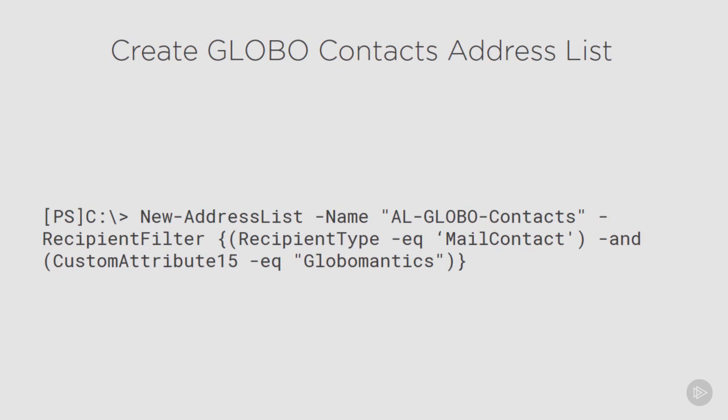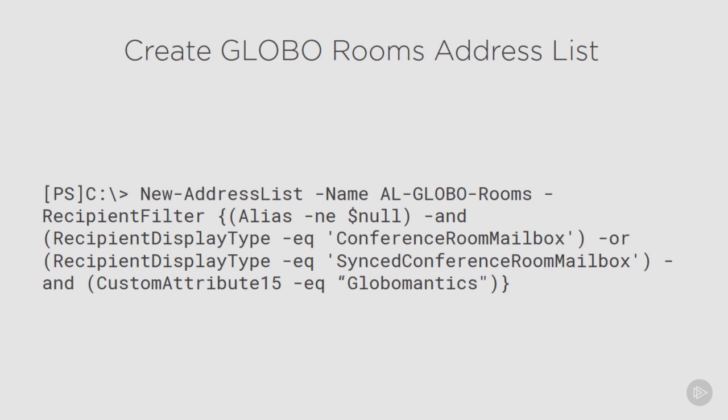Another address list is created for contacts, and again, the recipient type of mail contact is used, which is normal for a contacts address list, and then we need to include that criteria in the filter for custom attribute 15 equaling Globomantics. One room address list is required, so it's a case of running New-AddressList again with a different recipient filter that includes room mailboxes and again includes filtering based on custom attribute 15 equaling Globomantics.